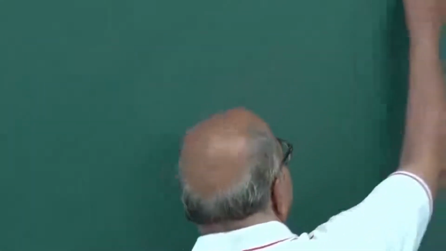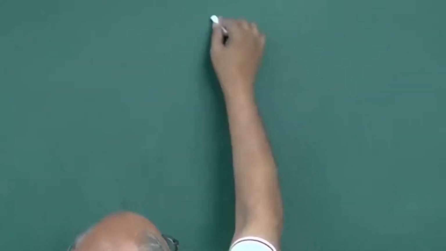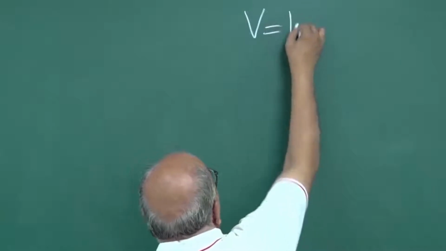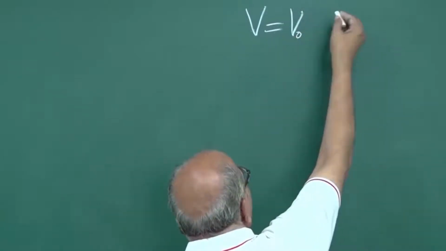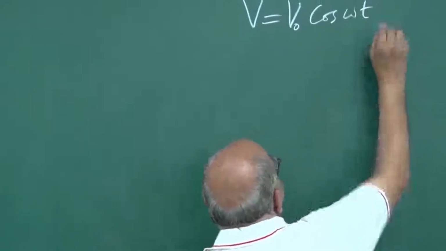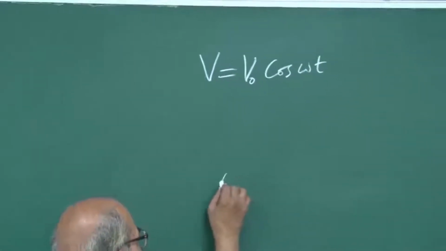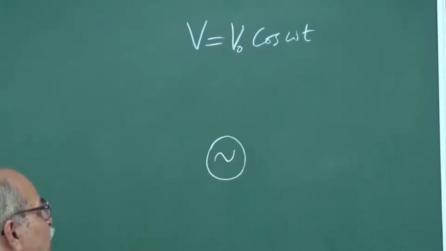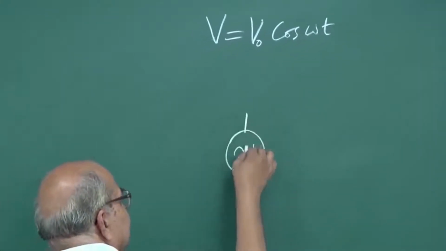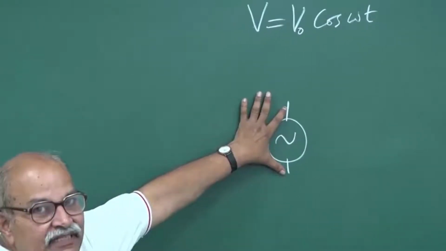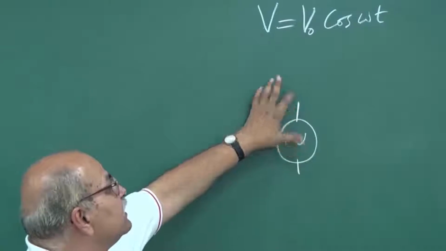That means your potential difference V is some constant times cos or sin omega t, like this. AC sources are shown by this symbol. You have two ends, and the potential difference which appears here is this V.